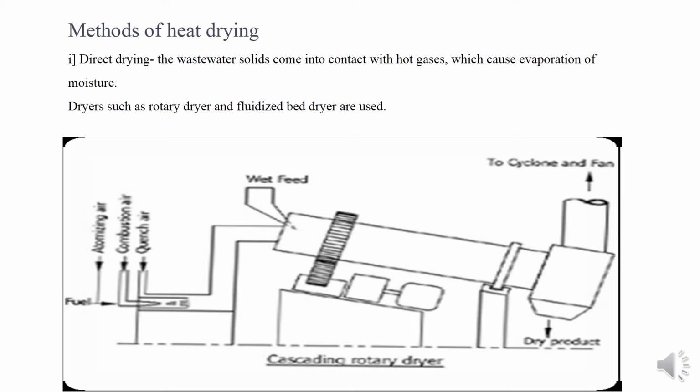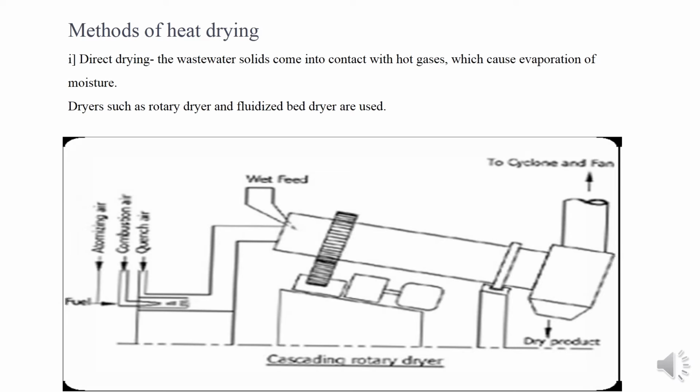Here you can clearly see that combustion air and quench air are fed at one point, and the wet feed enters at the top end of the dryer. The drum is inclined at 4 to 5 degrees to horizontal, so the wet feed is fed here, and the drum is equipped with a fulcrum to make a rotation of 5 to 8 rpm, in order to let the wet sludge flow in the direction of gravitational pull.